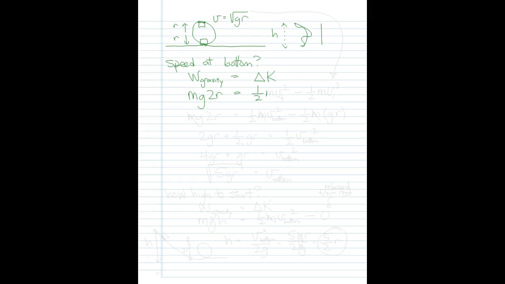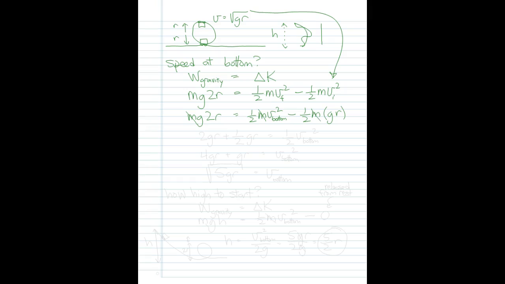So you get 1/2 mv squared final at the bottom minus 1/2 mv squared initial at the top. So we have 1/2 m v at the bottom squared minus 1/2 m, and now v squared at the top is gr, so we get g times r. That's pretty much it. So all you have to do then is solve.